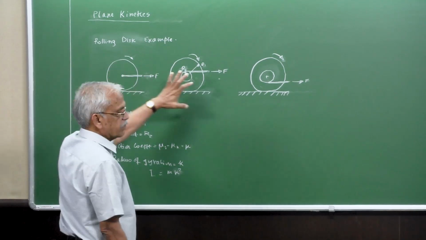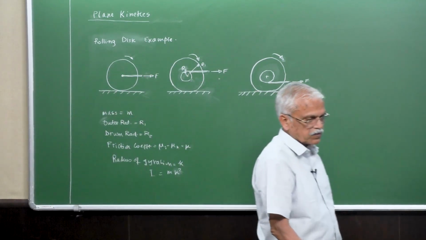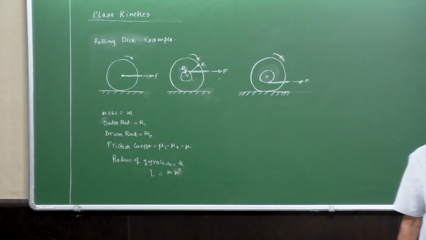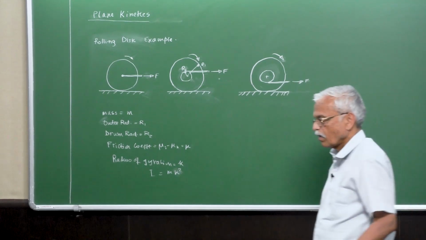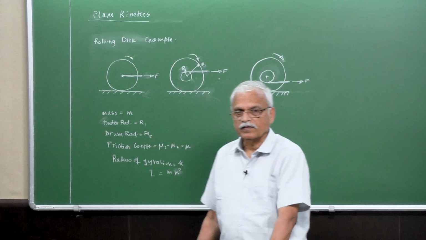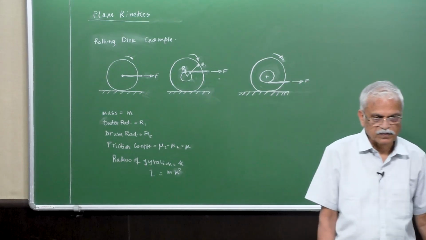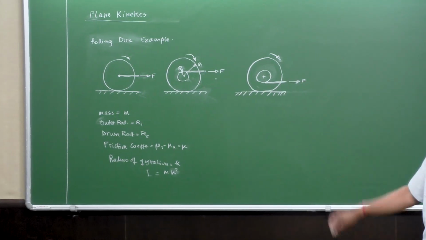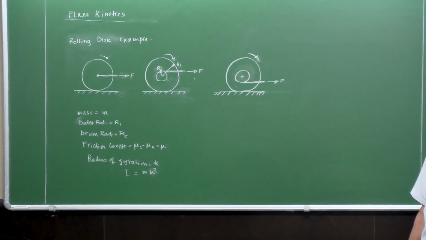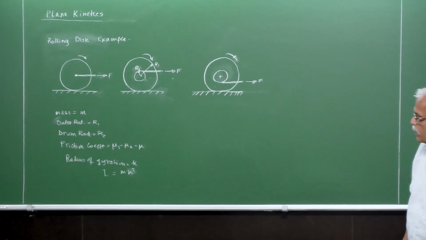There are three different cases of a cylinder rolling on the ground, and we would like to analyze it. What will happen when F is small or when F is large? That's the first classification, and then there are a few other salient points.